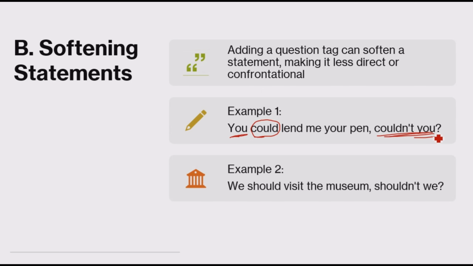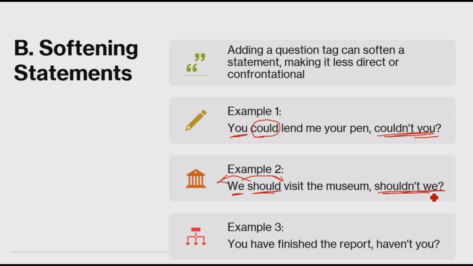Example 2, we should visit the museum. So again, we becomes here, then should comes in front, then we negate should, so now it becomes shouldn't we. Example 3, you have finished the report.